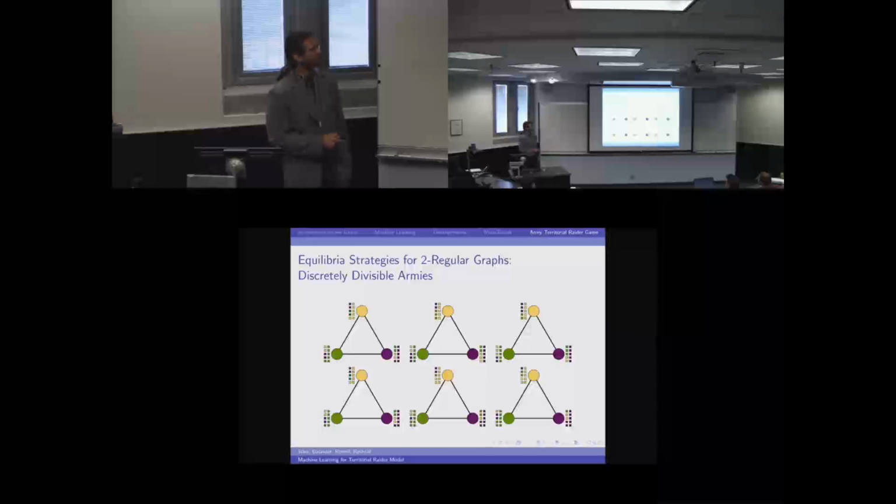Let's say you have 10 units of the army sitting here, then for everybody it is: keep 6 units at the home place and then just send 2 units out to explore and try to steal. That's one of the potential equilibria. There are several other ones that we have found by brute force, going through every single possibility and just checking whether it is an equilibrium or not.